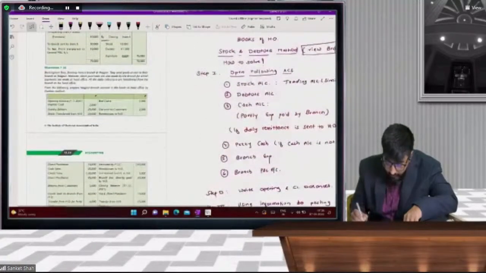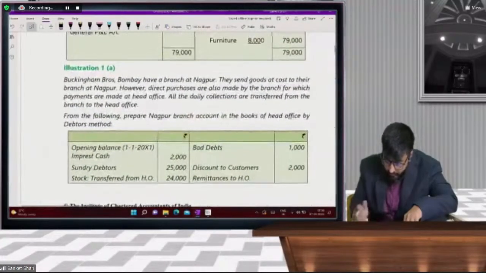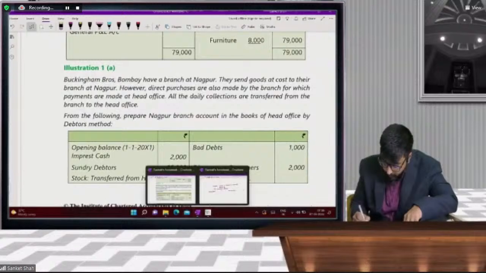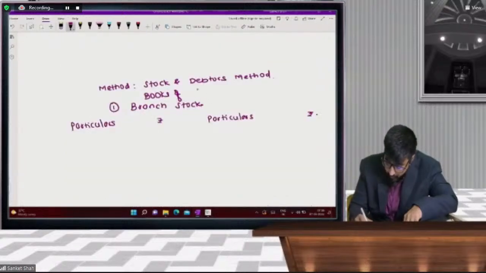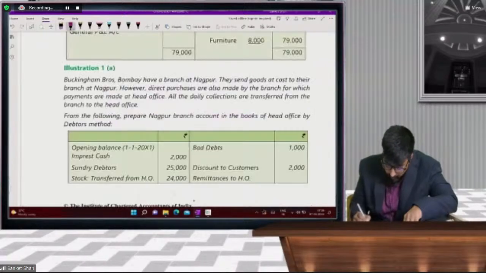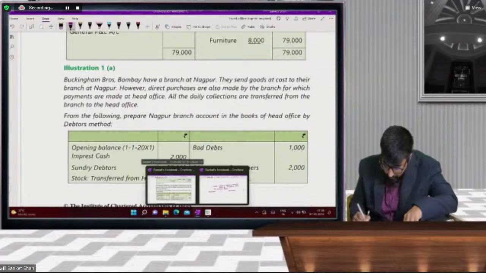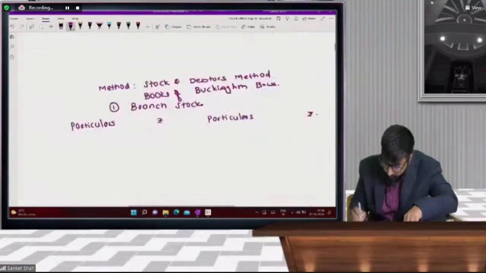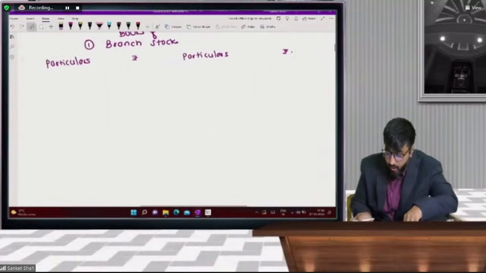Books of Buckingham Brothers. Branch stock account.